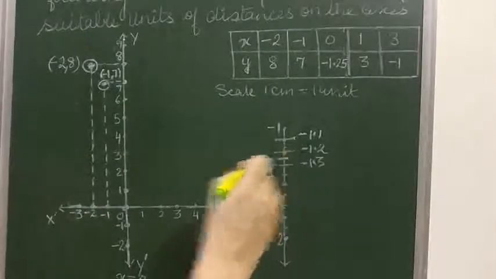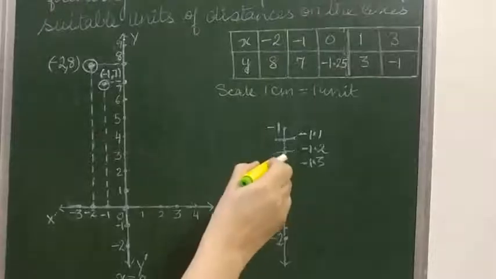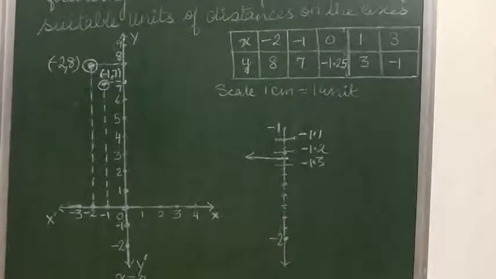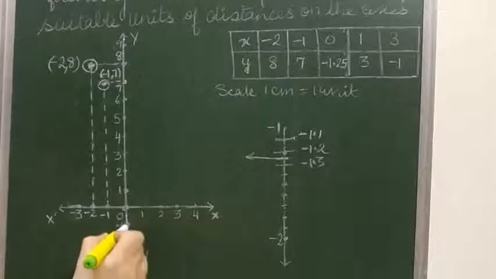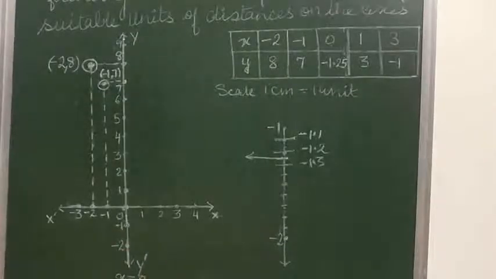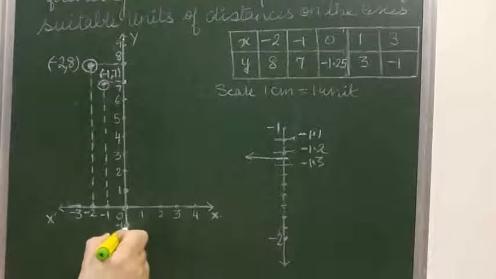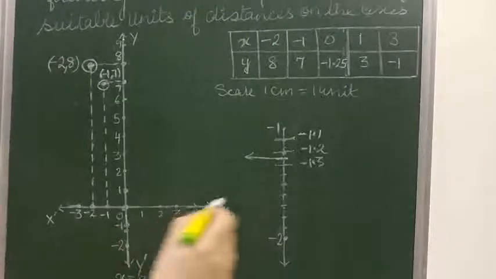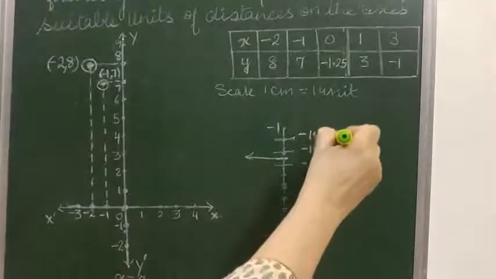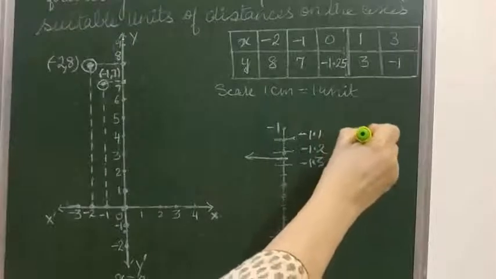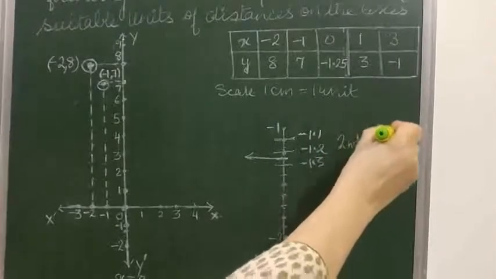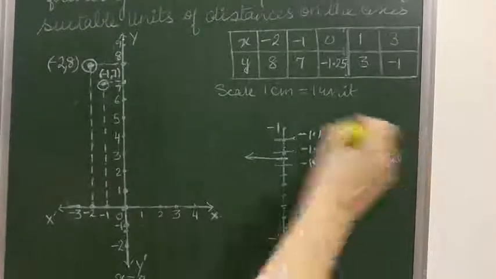This is -1.25, between the second and the third line. Here, if it is not a graph, by guess I'll just take it a little from here, and you will think of it as between the second and third line. You will choose that point.